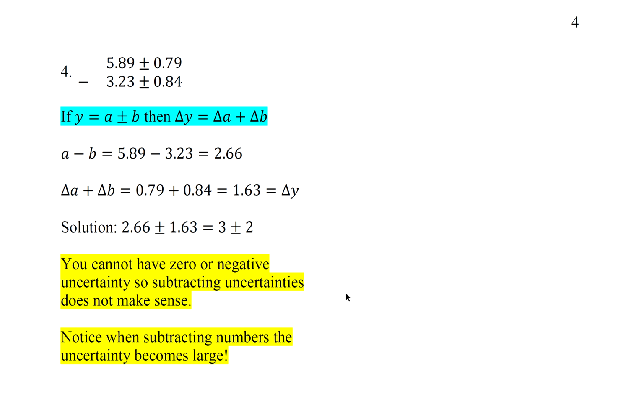So subtracting uncertainties does not make sense. And notice when subtracting numbers, the uncertainty becomes large. So our value is 3 plus or minus 2. I mean, that's huge, right? Our values could be between 1 and 5.